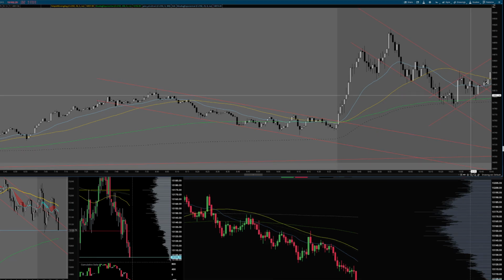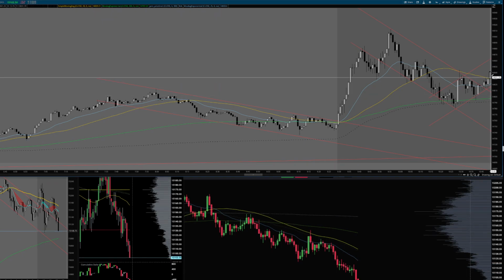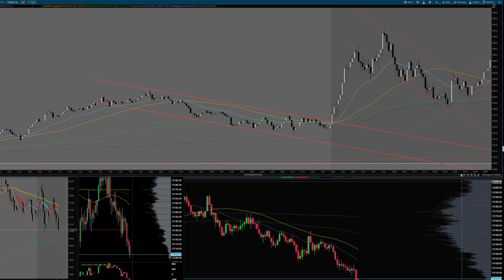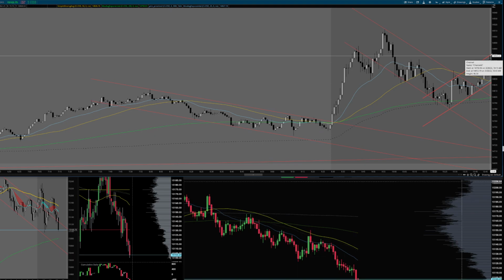Yeah, that's nice there. So maybe on a pullback that would be an entry. Yeah, on that one you could have entered, and then you could have just exited at that channel line there.